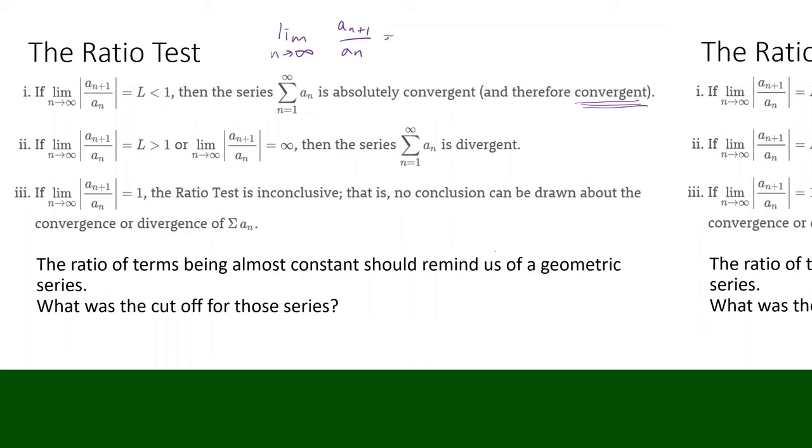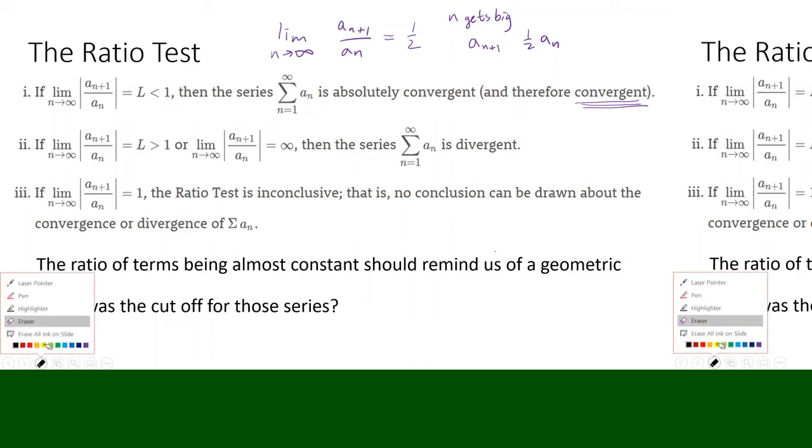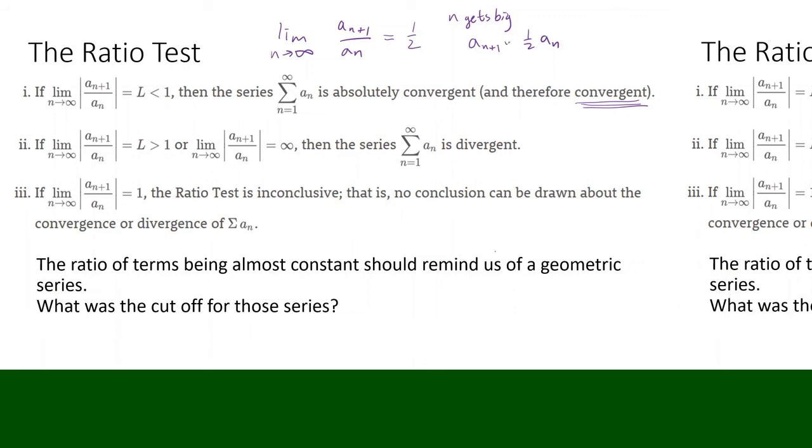So if this is equal to 1/2, just as an example, then what I am saying is when n gets really, really big, my sequence starts to look like a sub n plus 1 is 1/2 a sub n. All I did was multiply the a sub n on the other side, right? And let me change the notation here, because I'm not saying they're equal, I'm saying eventually it starts to look like it. Okay, so it's approximately that.